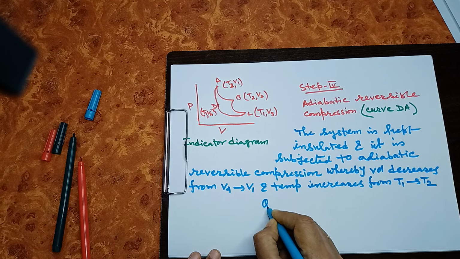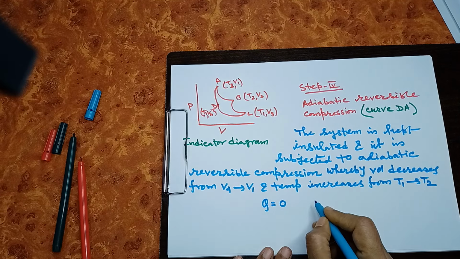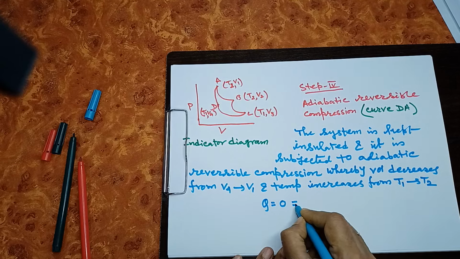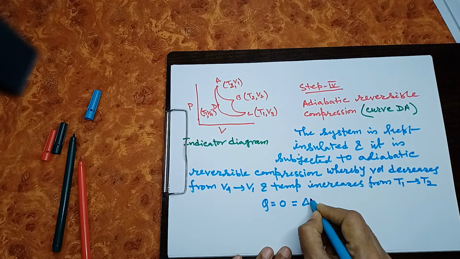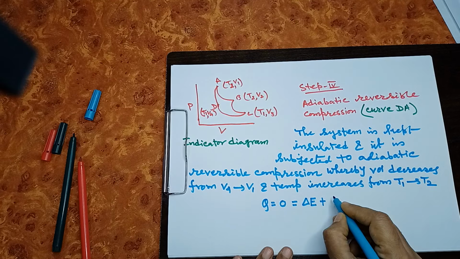So heat exchange, that is Q, is equal to 0. So once again I can write Q is equal to 0, which is equal to change in the internal energy plus the pressure volume work.